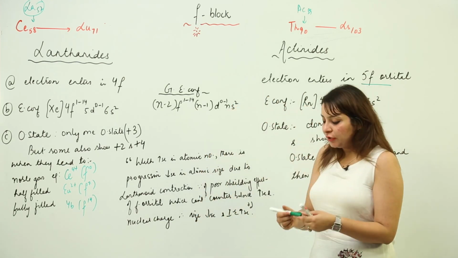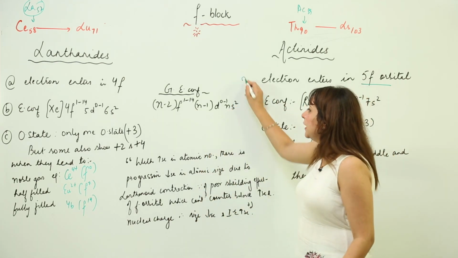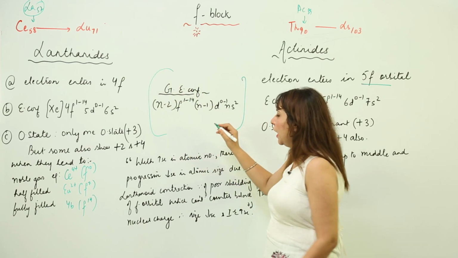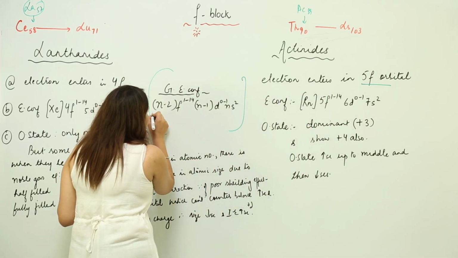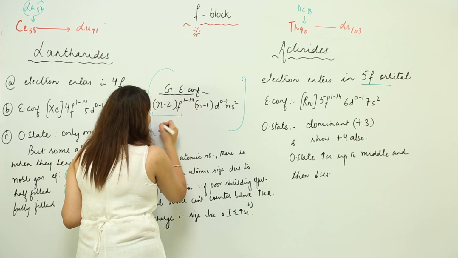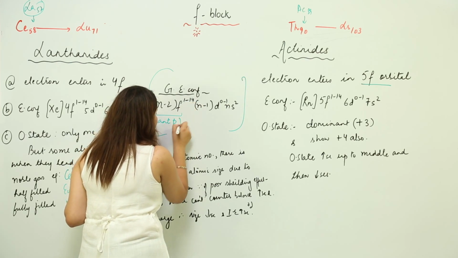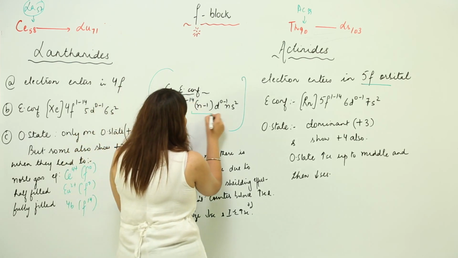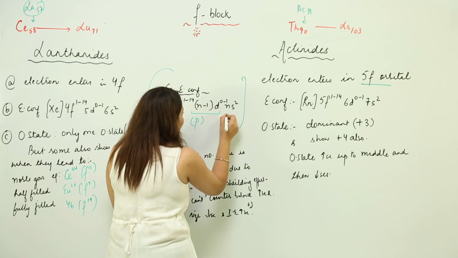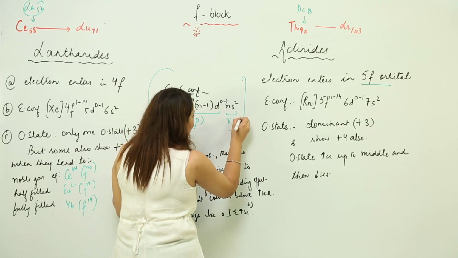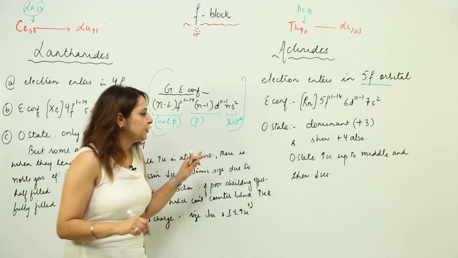If we talk about their general electronic configuration, it is going to be like this: (n-2)f1-14, that is the antepenultimate shell, followed by the penultimate shell, and then the valence shell, or the outer, final shell.